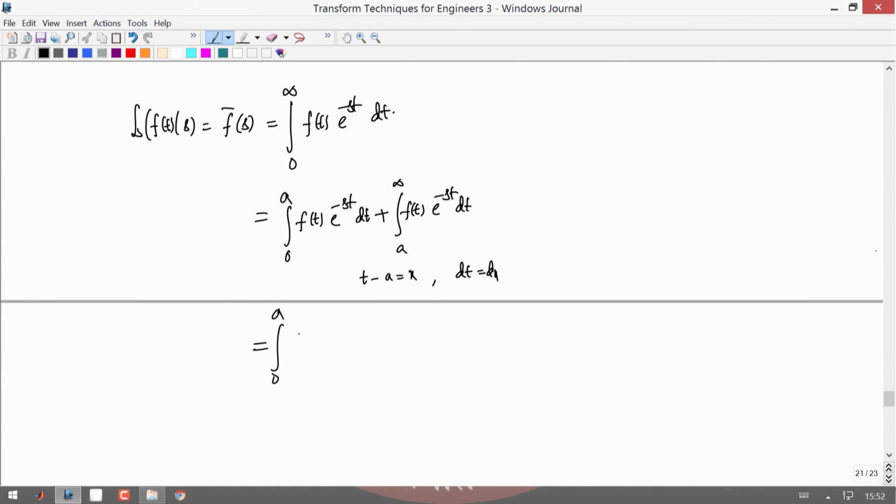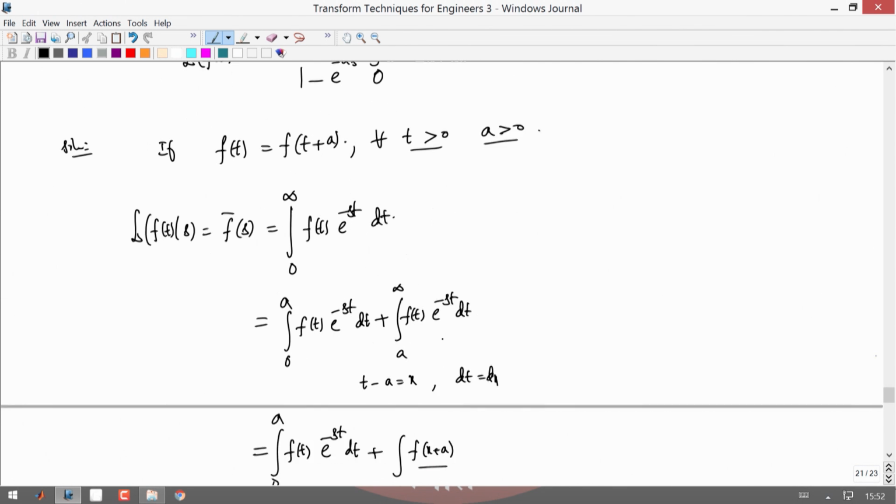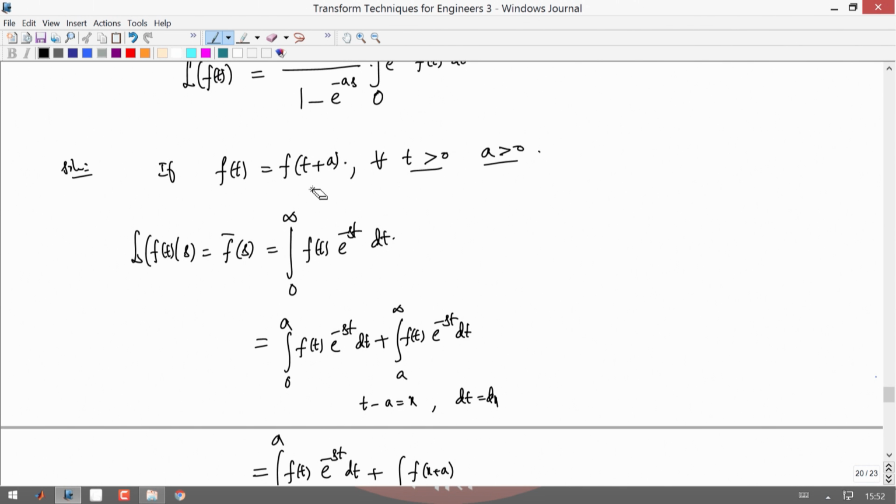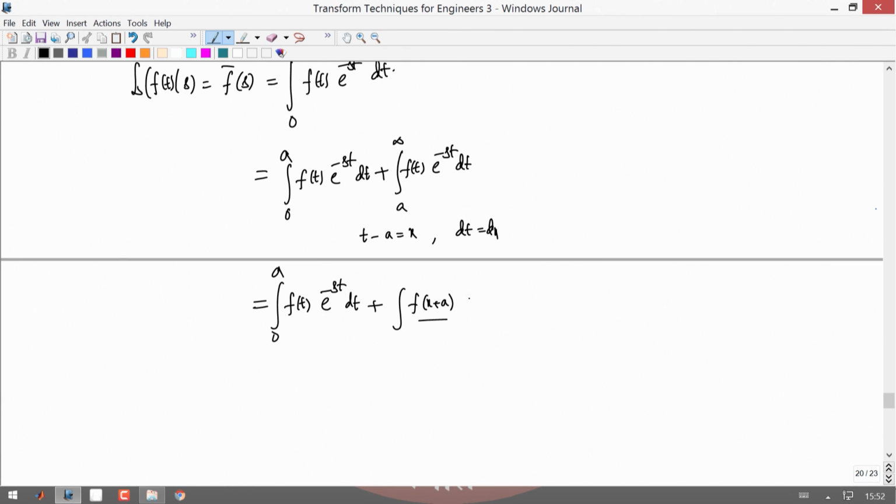The first integral stays as it is, and in the second, f of t is f of x plus a, which is nothing but f of x because of periodicity, times e power minus s times x plus a, dx.